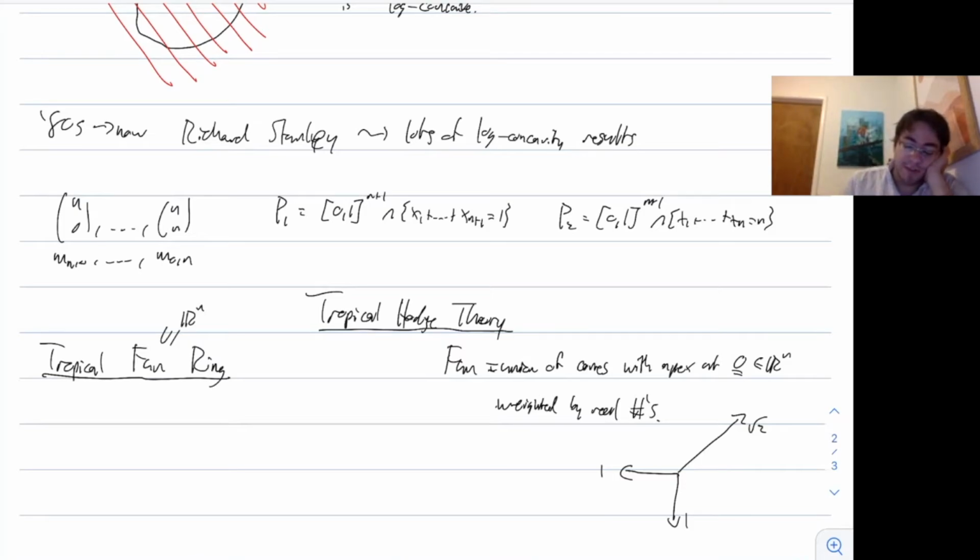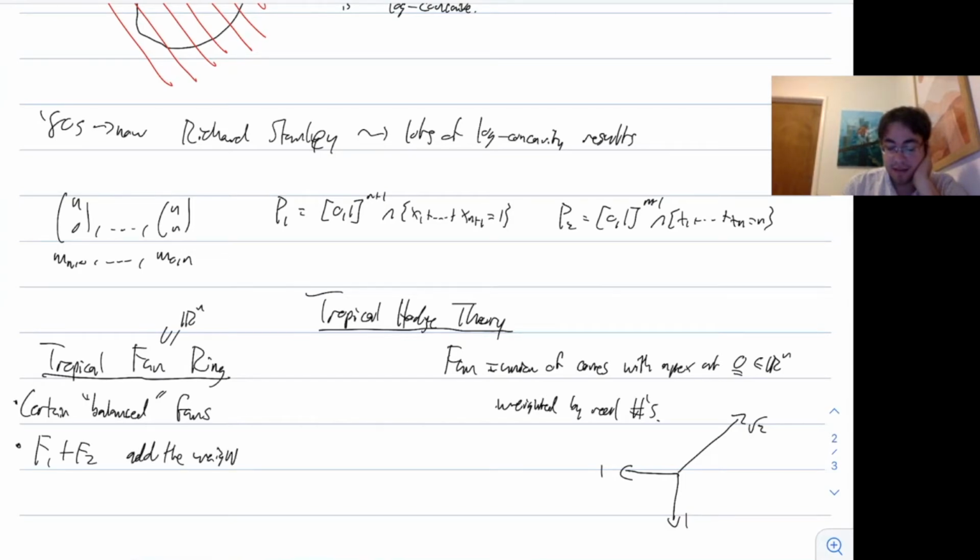So the tropical fan ring is made up of certain what are called balanced fans. I'll get back in a moment to what being balanced means. There's some condition on these numbers that I'm going to shortly explain. So these are the elements. How do we add these fans? We take a fan, and we take another fan, and we add the weights.